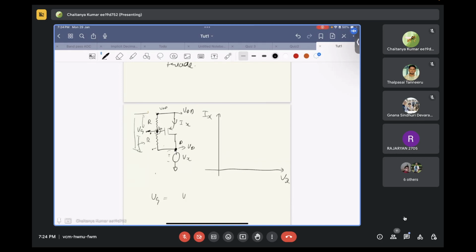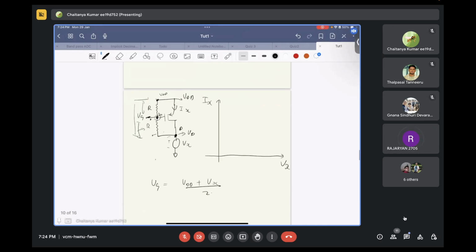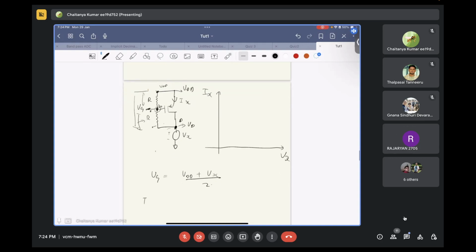We calculated it as (VDD plus Vx) by 2. So if this is your VDD, and what is the current then? I is equal to half mu p Cox W by L times VGS minus VT.